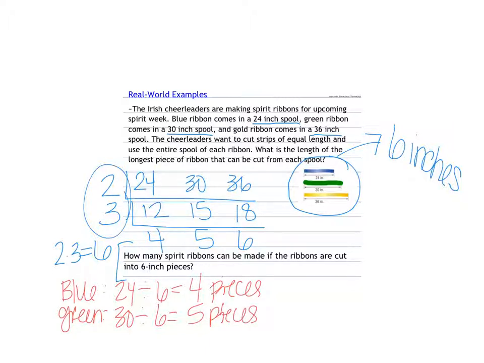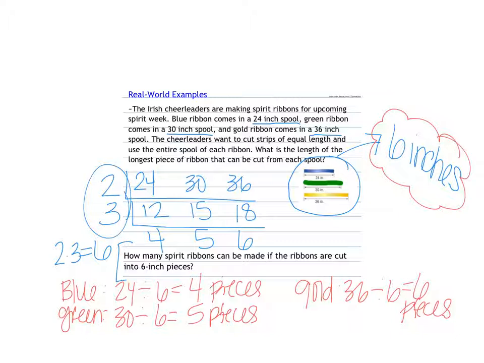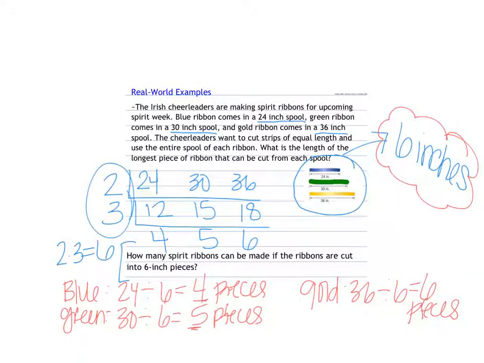And then my, what's the last one? Gold is 36, and I divide that by 6. So then that's going to be 6 pieces. So we decided that they're all going to be 6-inch pieces of ribbons, and I divide them each by 6. So that's how I get my 4, 5, and 6.